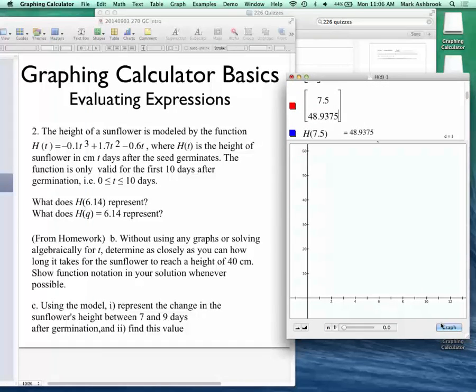How about that? So now I pulled off those numbers, 7.5, 48.9375, and I plotted it. Is it a point on the graph?